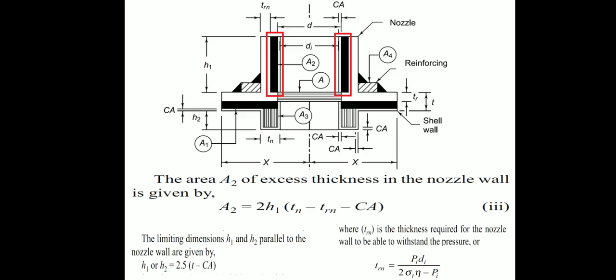And Trn, the required thickness of the nozzle, is equal to Pd divided by 2 sigma T into eta minus internal pressure Pi.